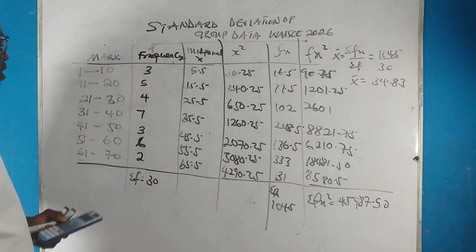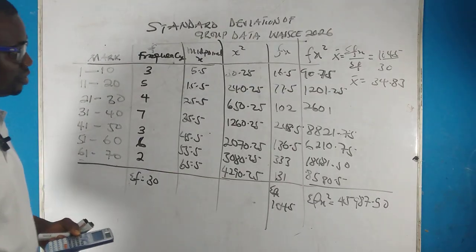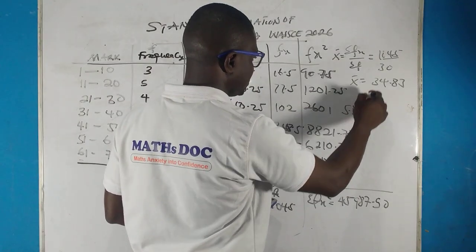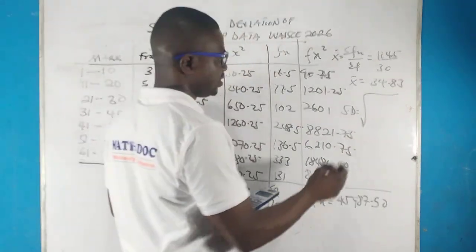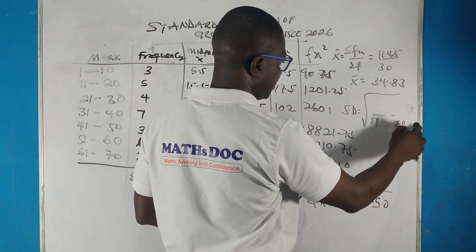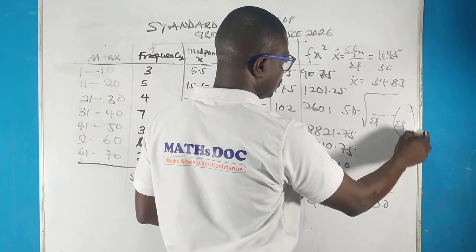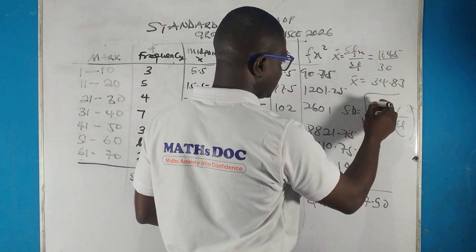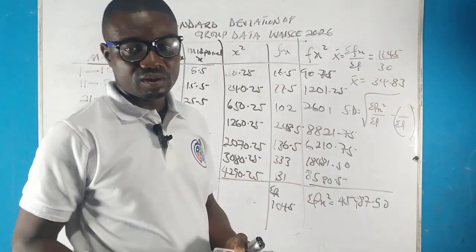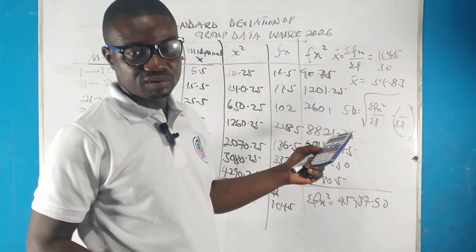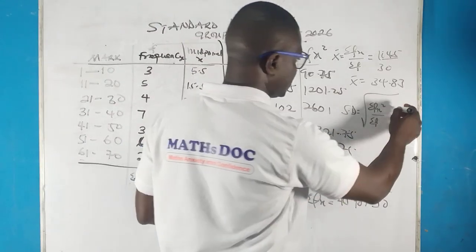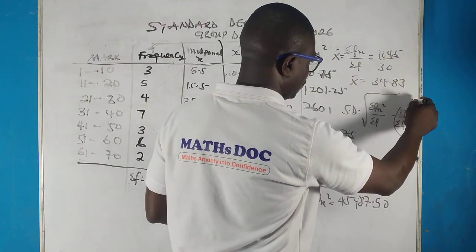Now we have to remember how to find the standard deviation. The standard deviation is the square root of summation fx squared over summation f, minus summation fx over summation f, all squared.